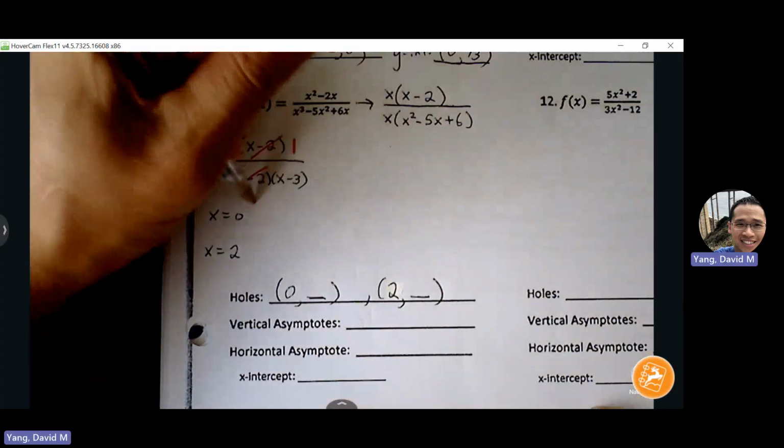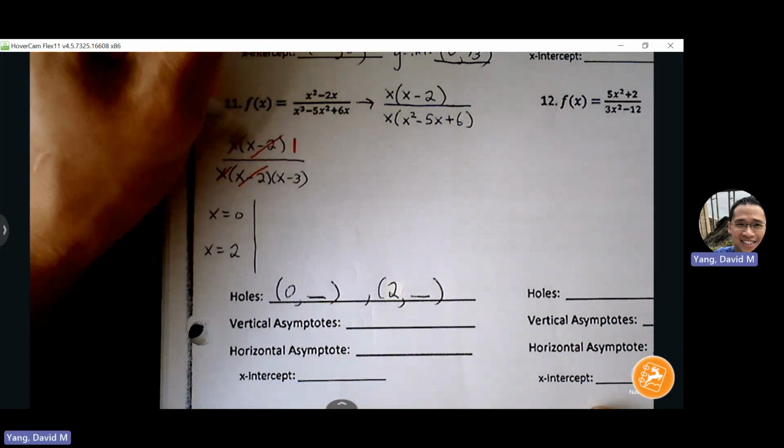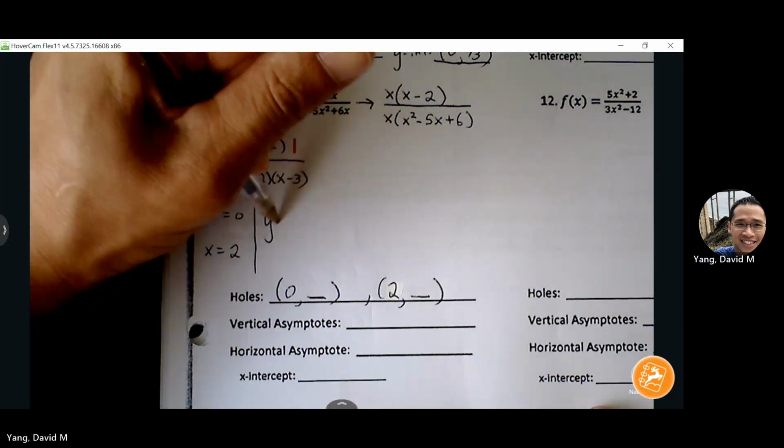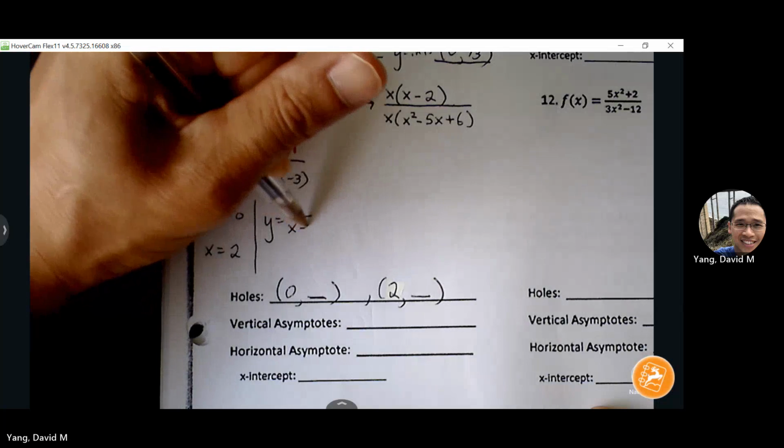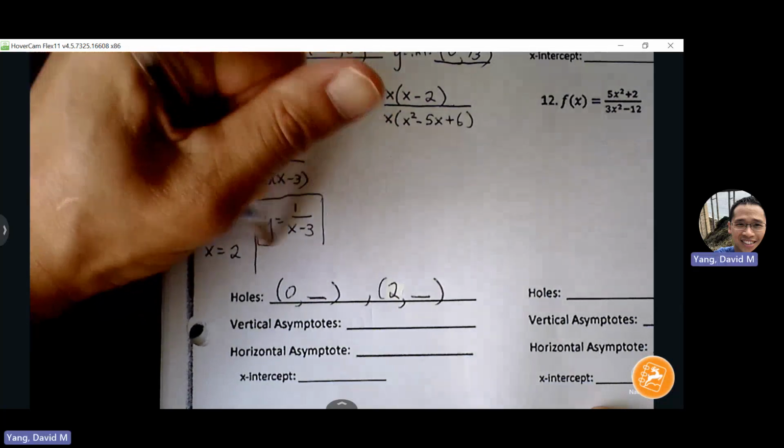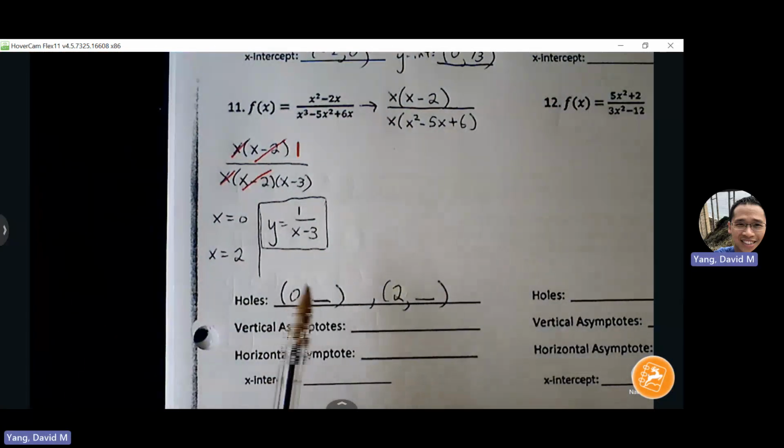Now here's my reduced expression after my holes cancel out. So this is what my graph is going to be basically, but with the holes involved.